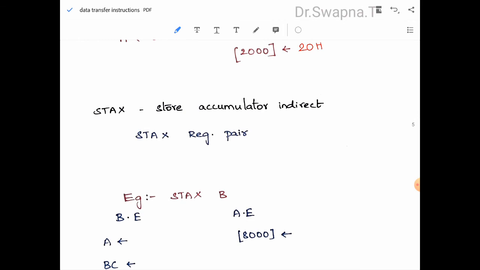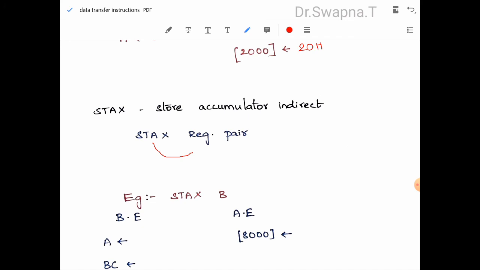Next is your STAX. Again, X indicates register pair. So store accumulator indirect. So what does this instruction do? The contents of the accumulator are copied into the memory location specified by the contents of the register pair.